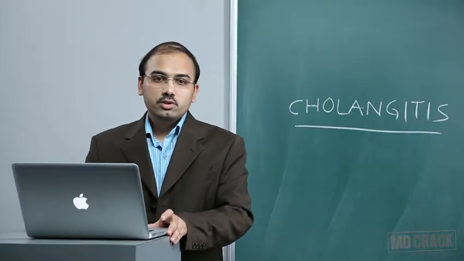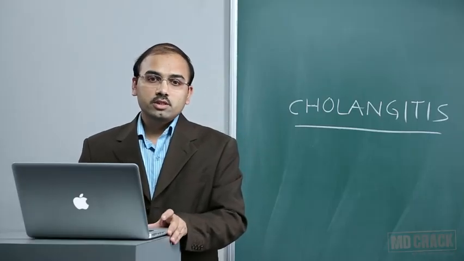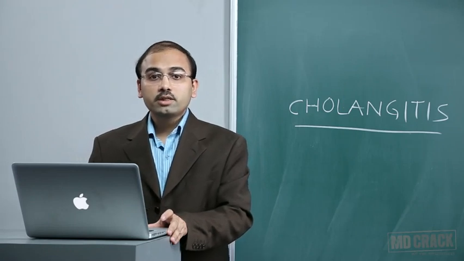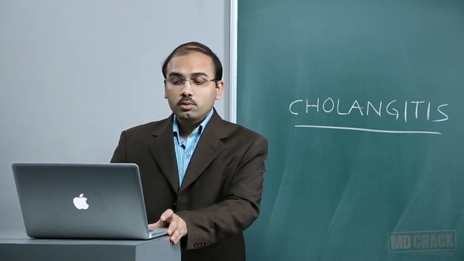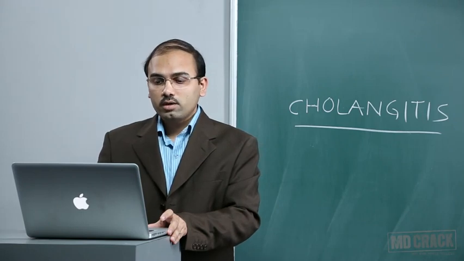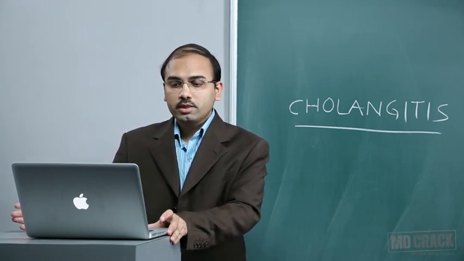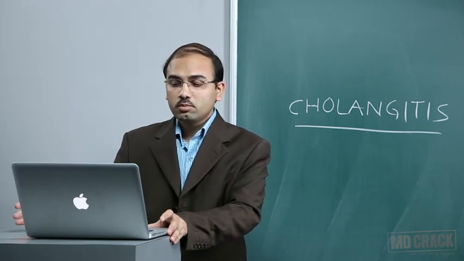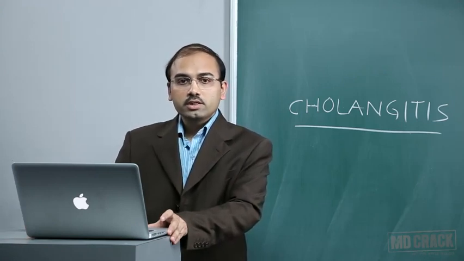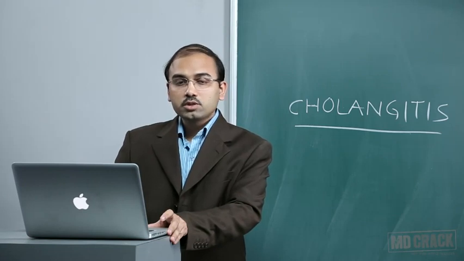If you are given a question, which of the following organisms are seen most commonly after biliary tract interventions? It is Pseudomonas and skin and oral flora. They are not Escherichia coli, not Streptococcus, not the Enterobacteriaceae group. It is Pseudomonas which is seen more commonly. So this is a very interesting fact, and they may ask you various questions depending on these findings.